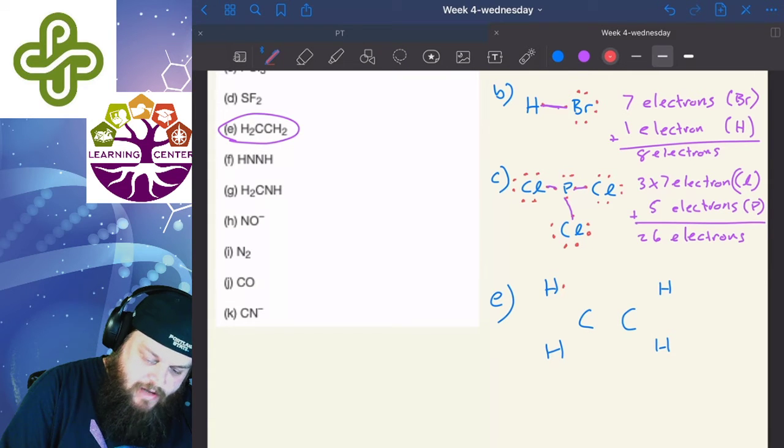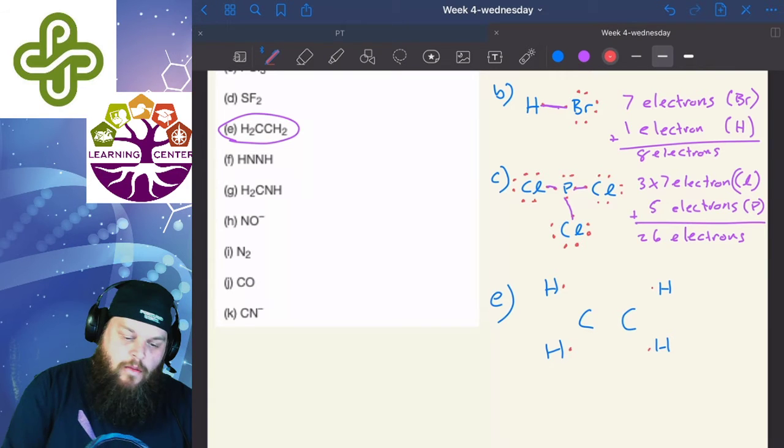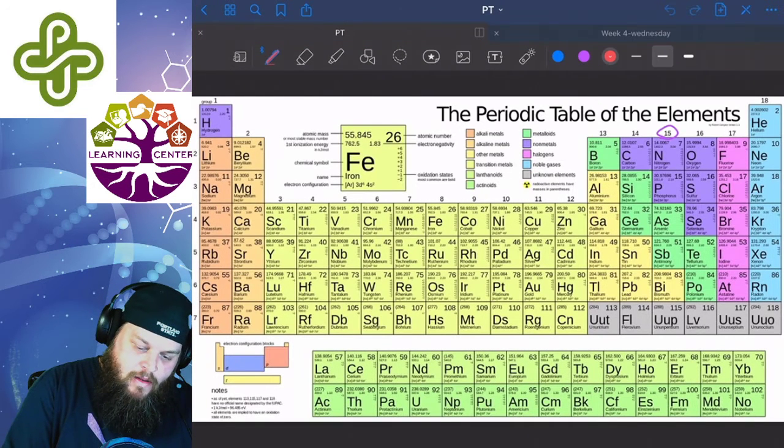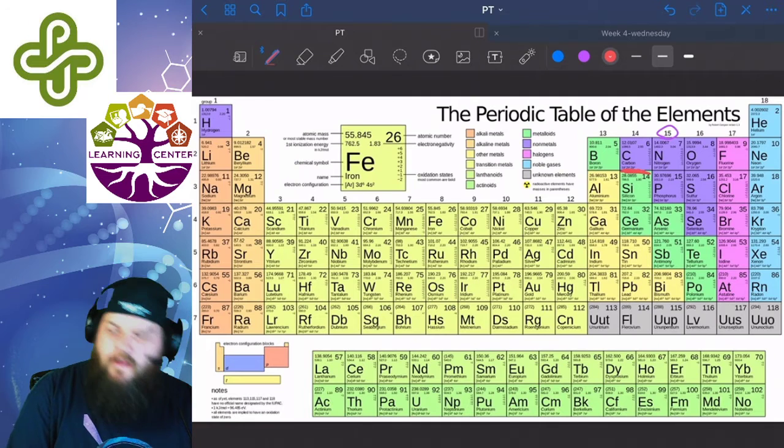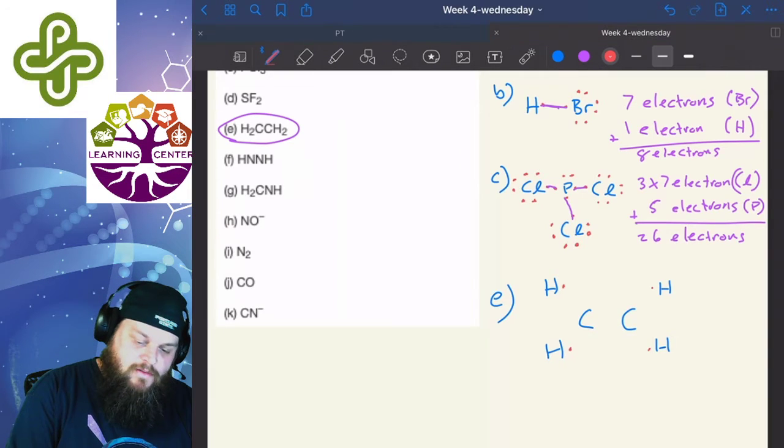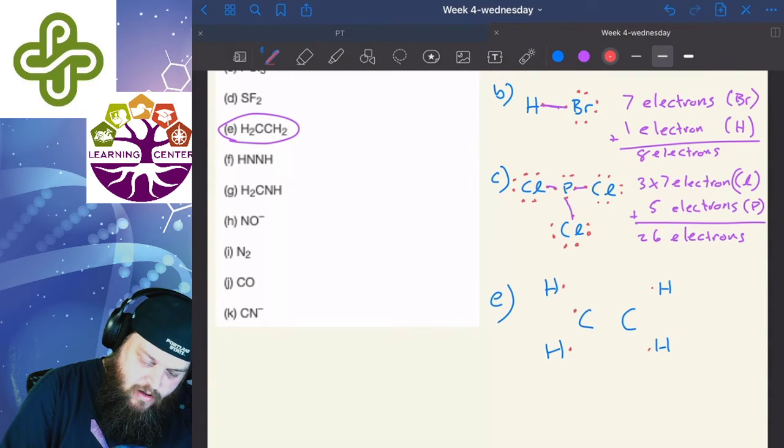I know each of those hydrogens are going to have 1. I know each carbon wants to have 4 because on the periodic table, it's in group 14, and carbon always wants to have 4 bonds. So I can draw 2 of them on this side, 2 of them on that side, 2 of them on this side, 2 of them on that side. And I connect up my bonds. I know hydrogen and carbons want to bond together, and then the carbons have to have a bond together.